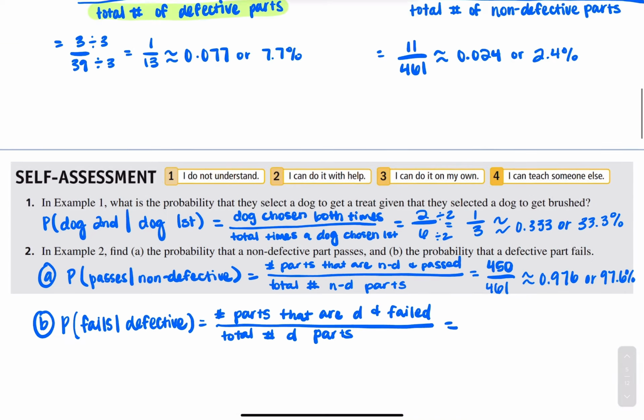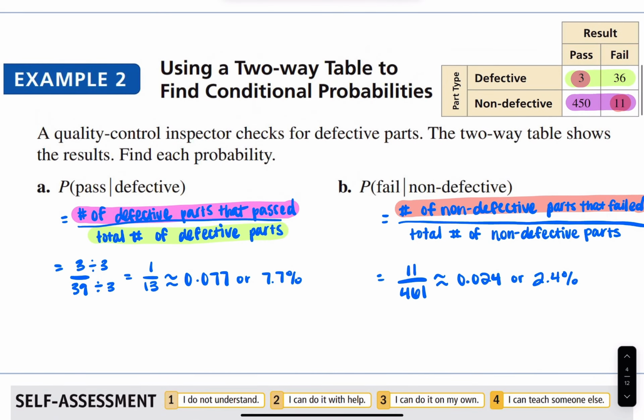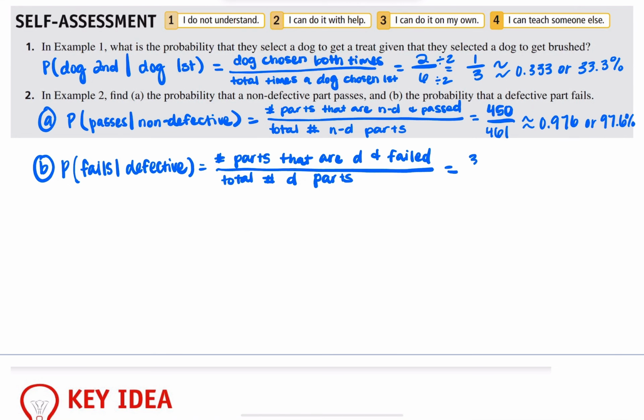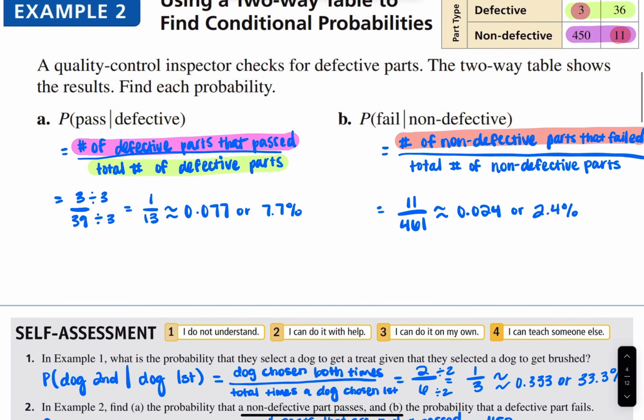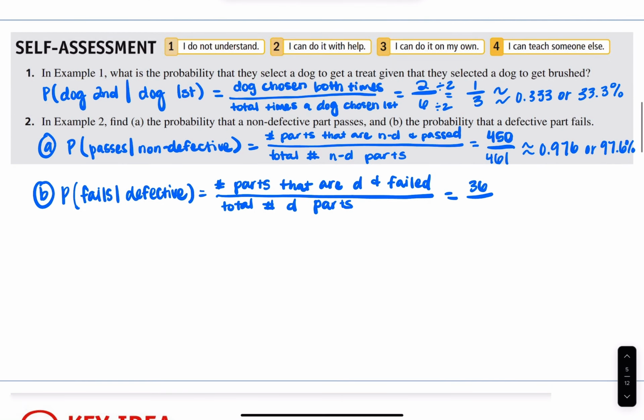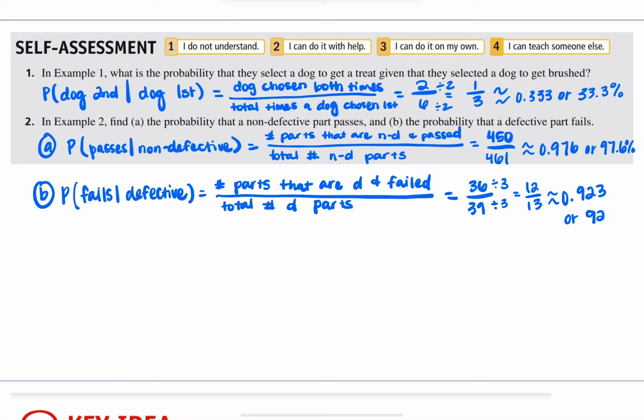So parts that are defective and failed, that's this number right here, 36, over total number of defective parts, that's 36 plus 3, so 39. We're going to simplify this fraction by dividing by 3. So 12 over 13. And then we're going to convert it to a decimal, which would be about 0.923, or 92.3%.